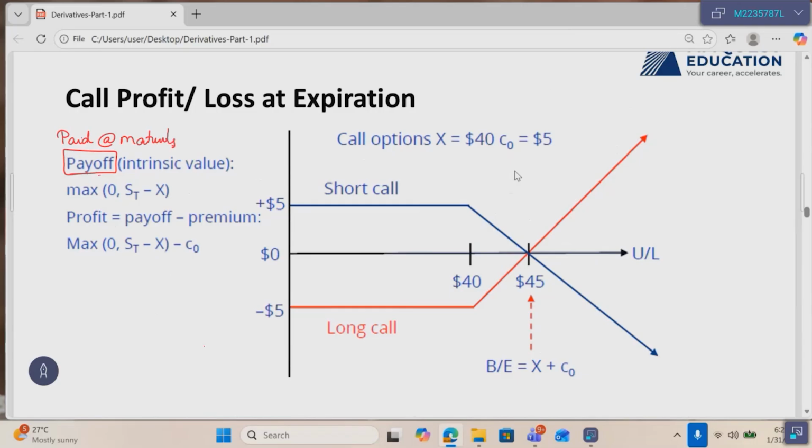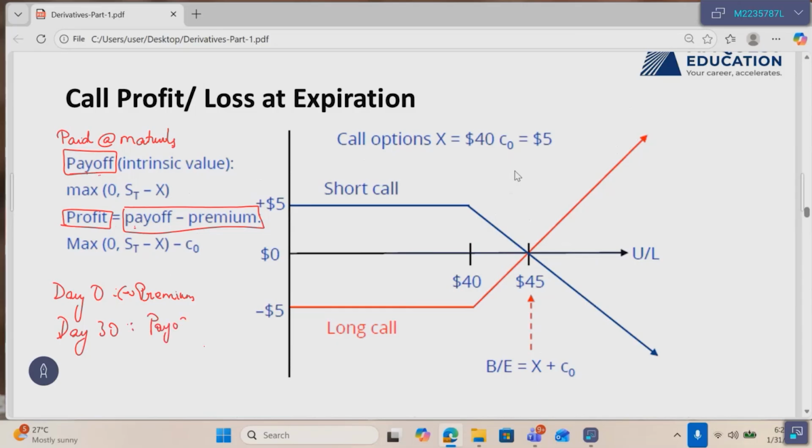And profit means the payoff you received, but don't forget you paid a premium at the start of the option contract. So when I bought the option on day 0, I paid premium. So premium is a sunk cost. I paid premium, but on day 30, let's say maturity, I am going to get a payoff.